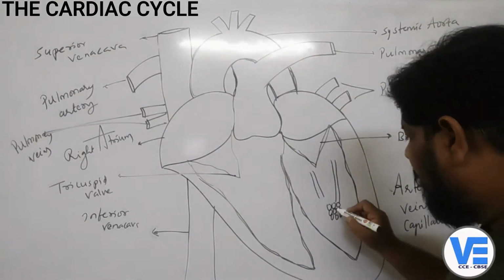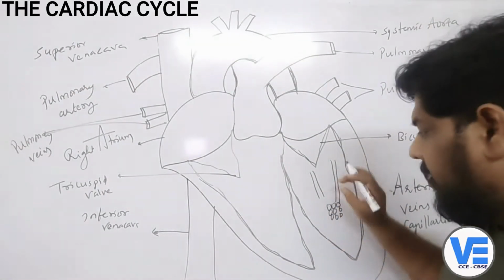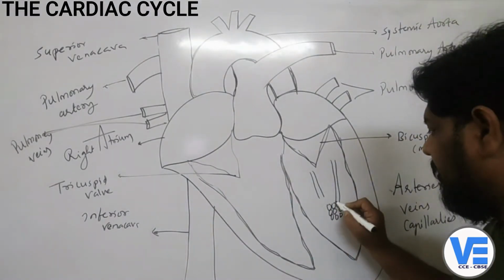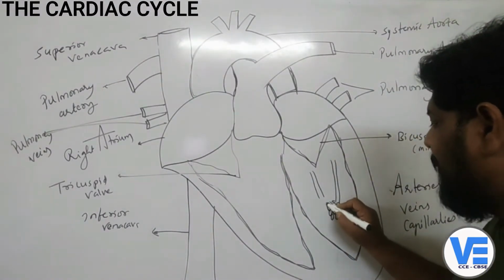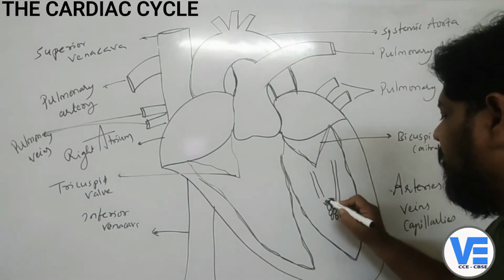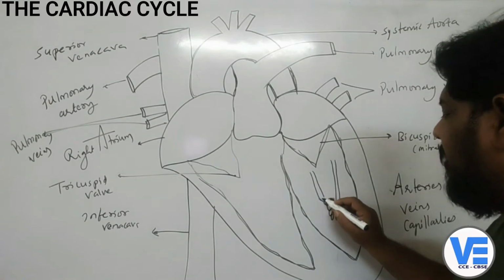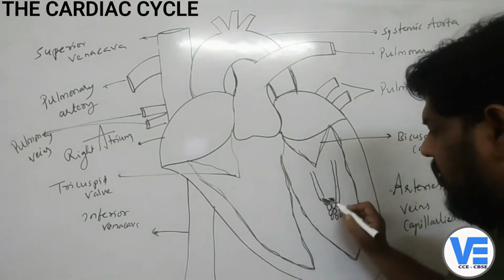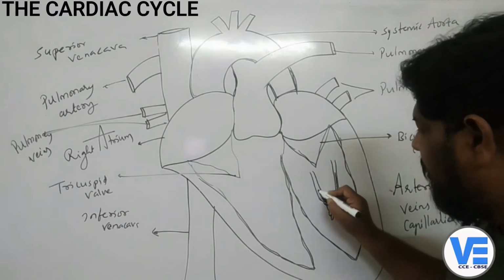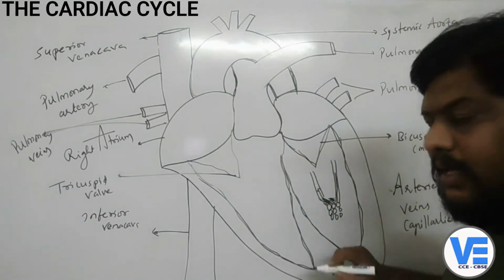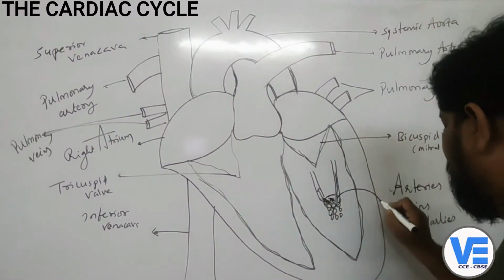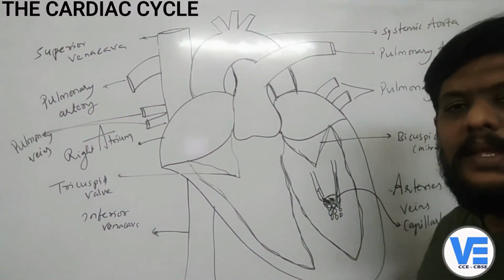Now these are not connected to the tissues or the cells. They throw the blood at the tissue level. So here there is a capillary network, a very small network of tube-like structures which connects the arteries and the veins. Whatever blood comes from here will go back to the veins. These connections of blood vessels, which are very tiny, are called the capillaries.